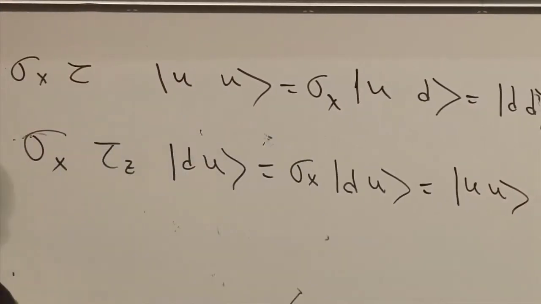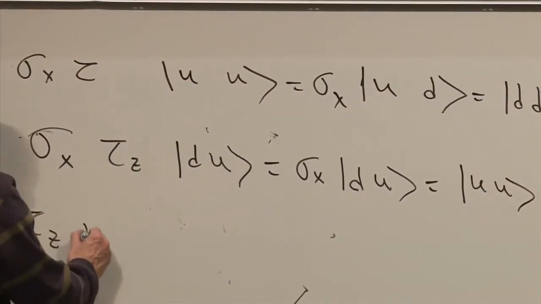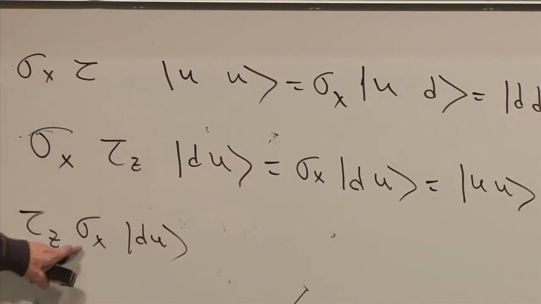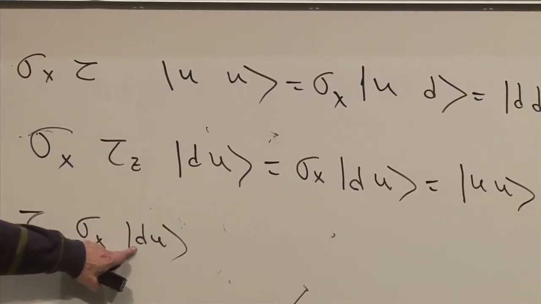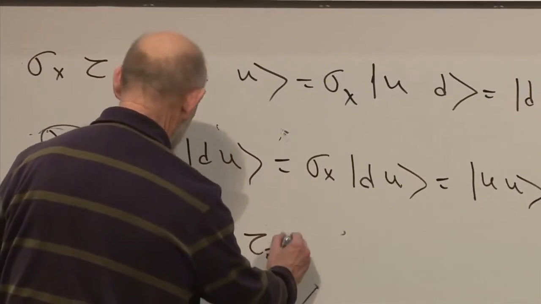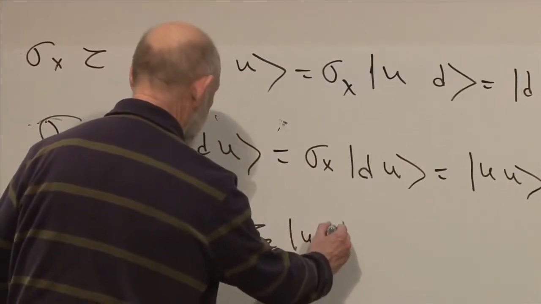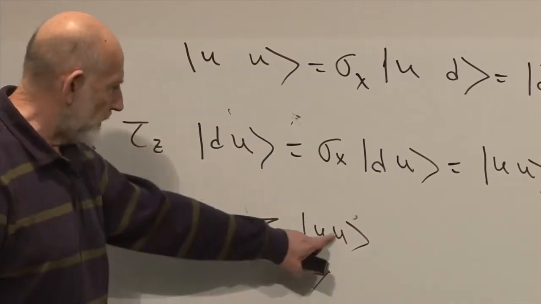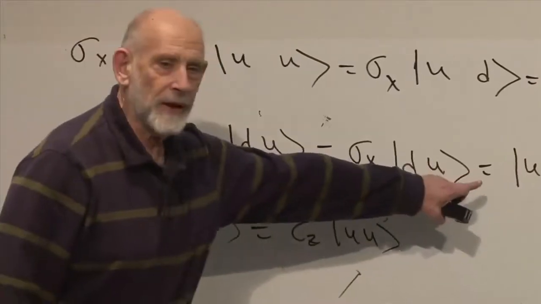Let's do it in the opposite order. Tau z sigma x on down, up. All right, first sigma x. That flips down to up. So it gives us tau z times up, up. And then tau z just gives 1 when it hits the up here. So it gives the same thing again.